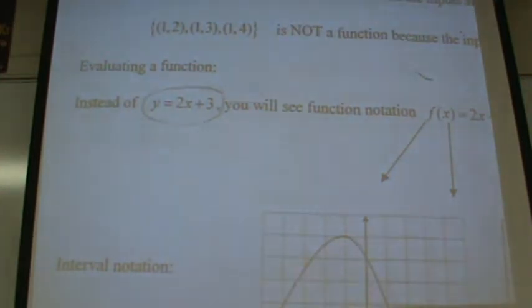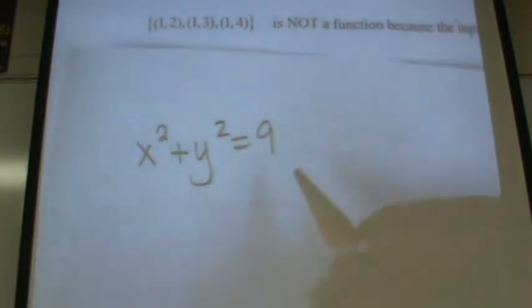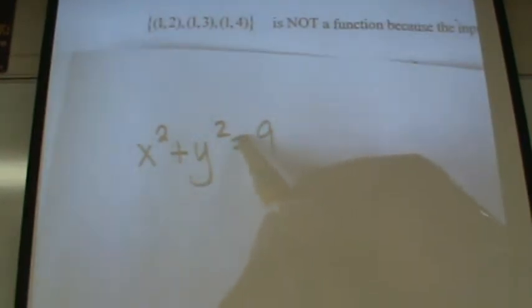For example, and we'll get to it at another time, if I gave you something like this, here's two expressions set equal to each other. This is an equation. This is a relation.